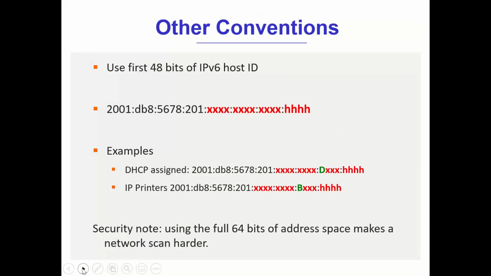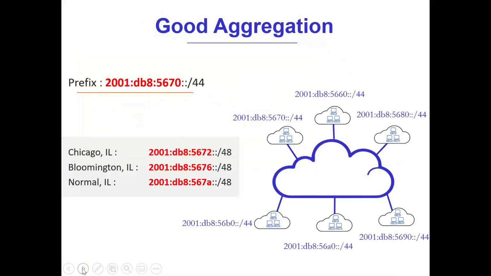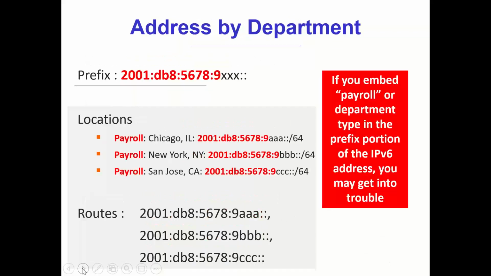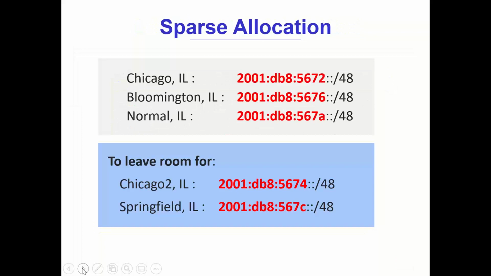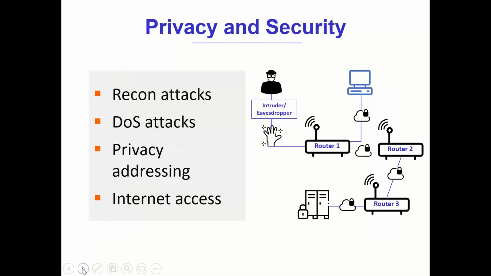At first glance, addressing by the names or alphabetically seems like it might be good. It ends up not being terribly efficient for route aggregation, and then you can get, as I say, a huge routing table. Other things you might want to think about are privacy and security.